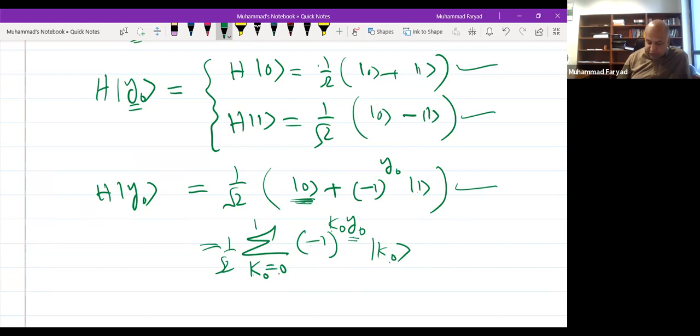When k naught is 1, this term will come here, so minus 1 raised to power y naught, and this term will come. If y naught is 0, then this is plus, and if y naught is 1, this is minus state. Okay, so the Hadamard of a general single qubit y naught is given by this expression, minus 1 raised to power k naught y naught.